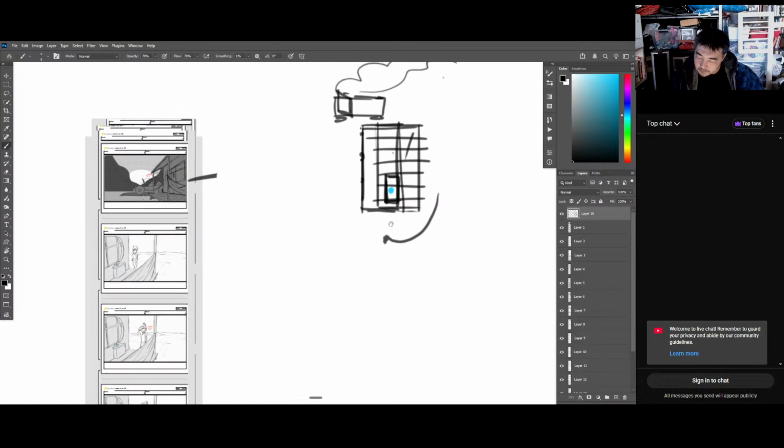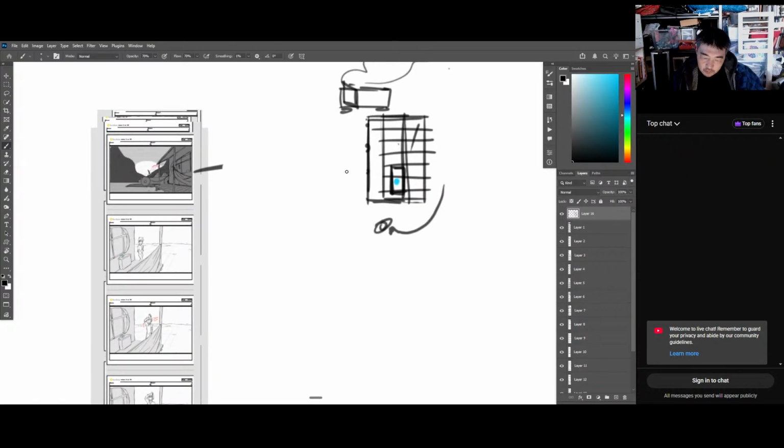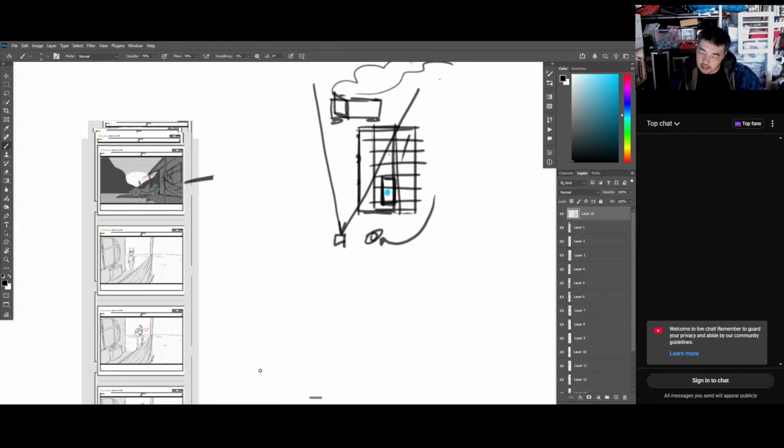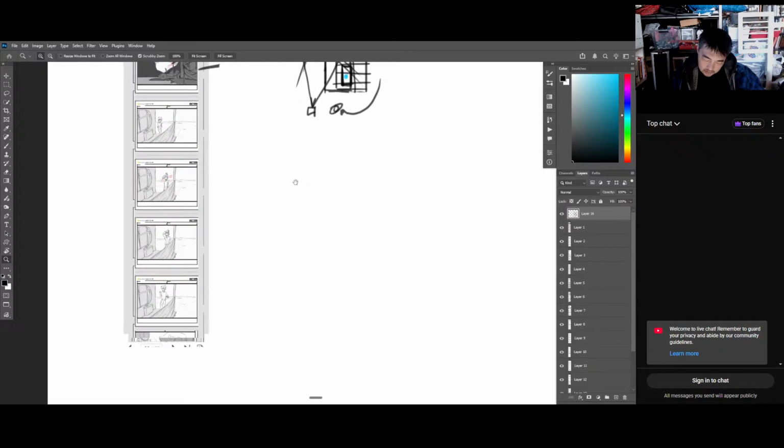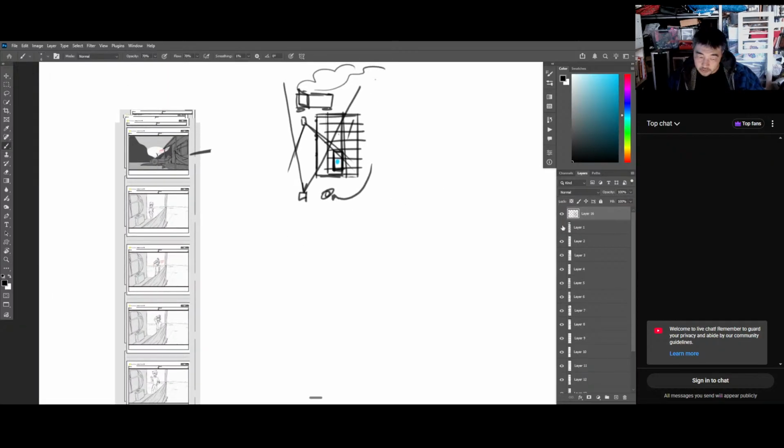So we have this guy. So far, our camera setup is we have this camera right here, looking along this angle. And then we have another one where we are looking over here in this angle. And he's going to move this way. I'm going to go to the next panel.